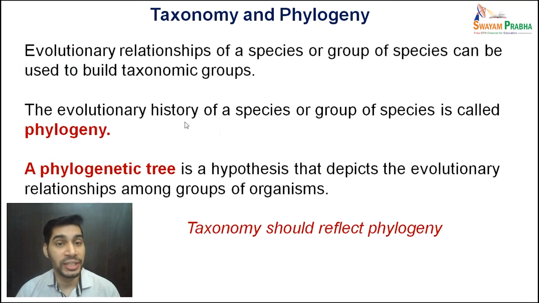The evolutionary history of a species or a group of species is called phylogeny, and thus a phylogenetic tree is a hypothesis that depicts the evolutionary relationship among a group of organisms, and thus taxonomy should reflect the phylogeny. So if you are going to classify a group of organisms, if you are going to depict their relationships, it has to reflect their phylogenetic relationship, their evolutionary relationship or history.